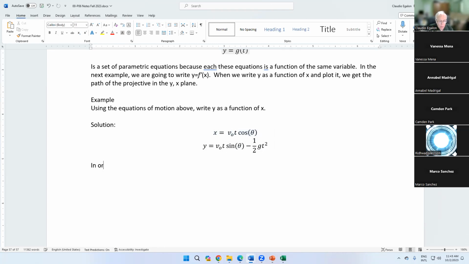In order to write y as a function of x, we must eliminate t from the system of equations above.